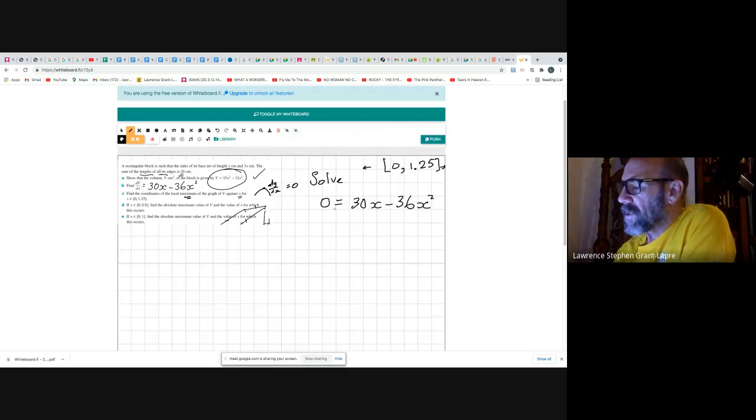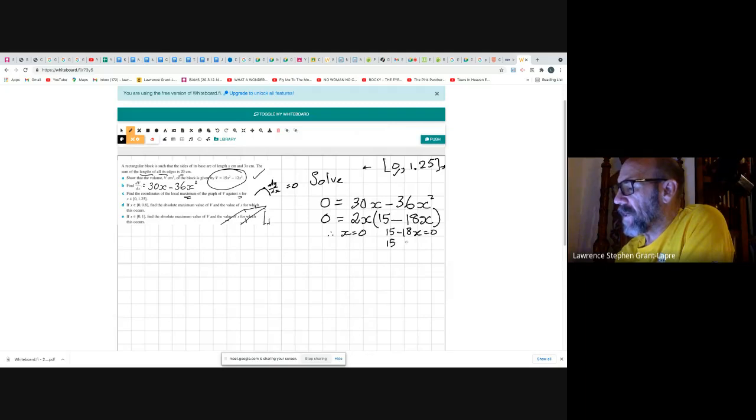So let's solve this. 0 equals 30x minus 36x squared. 2x is common, so take 2x out. That will leave 15 minus 18x. Therefore, x is equal to 0. That's allowed. And 15 minus 18x equals 0.